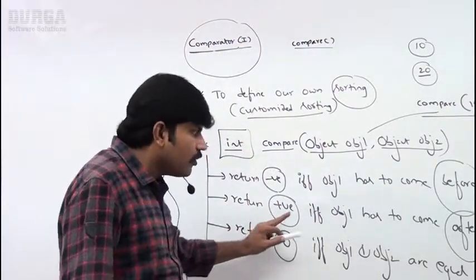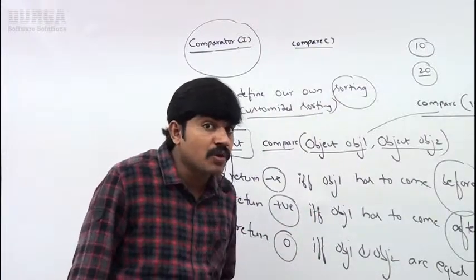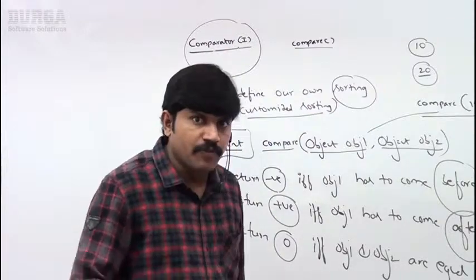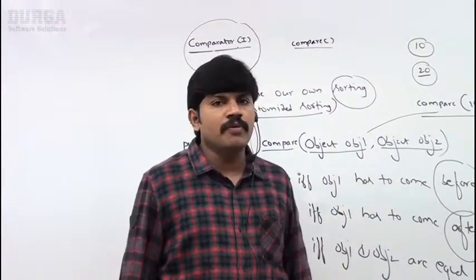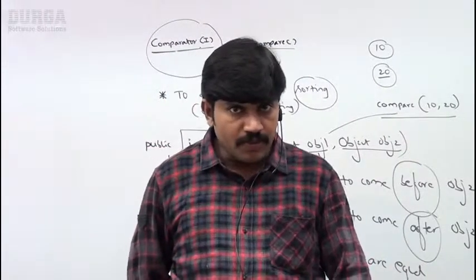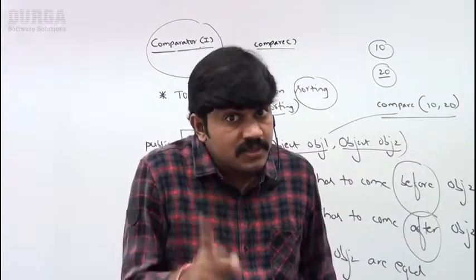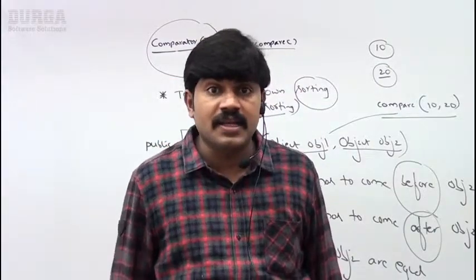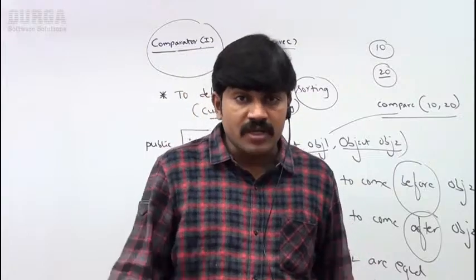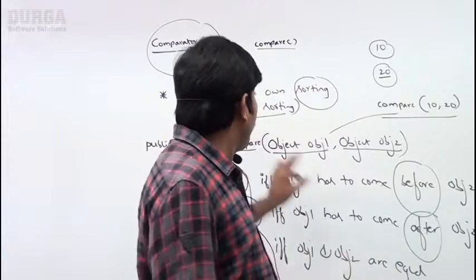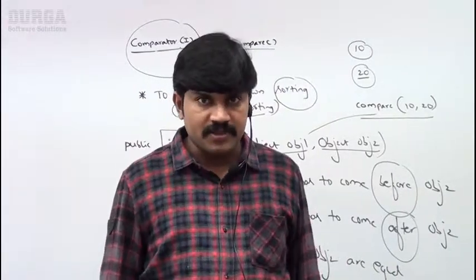Return positive if and only if OBJ1 has to come after. Positive means after, negative means before. Return 0 if and only if both are equal. Because this concept is very important, please inject it in your mind, since while defining our own sorting for list, set or map, everywhere we have to use this comparator compare method.